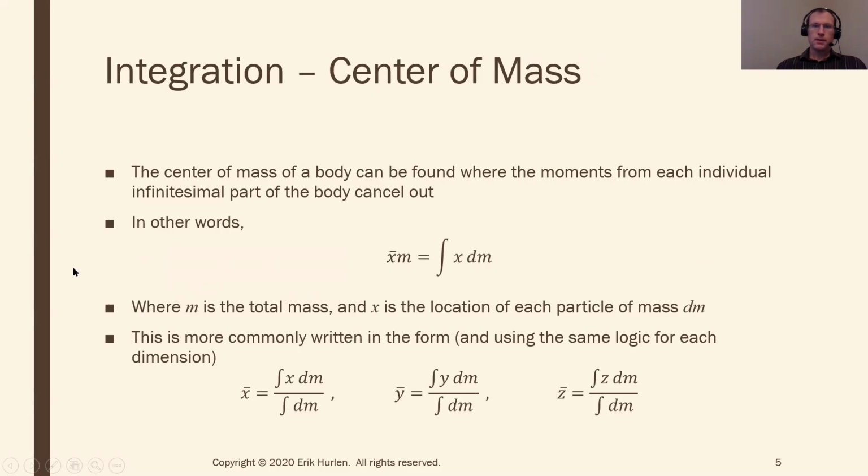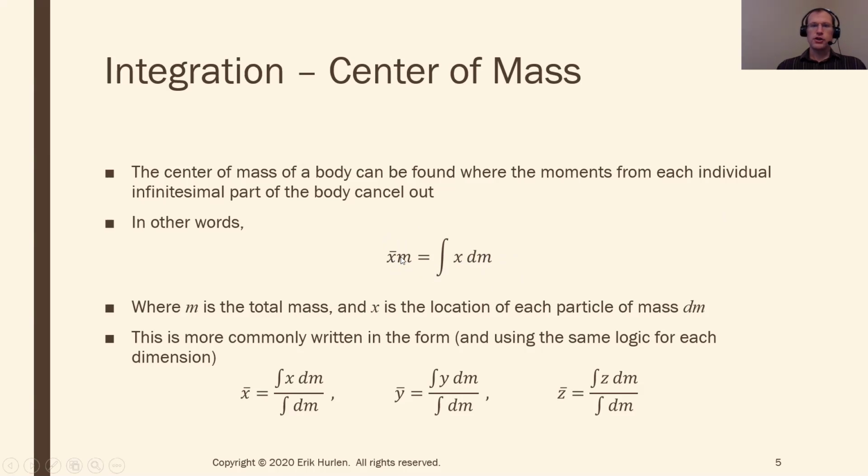So first option, the integral formulas. Specifically for center of mass, I'm looking at the mass of the object. Just like we did before, I want to make sure the moments balance. So moments in terms of x times dm: x bar for the entire thing times m equals that integral.